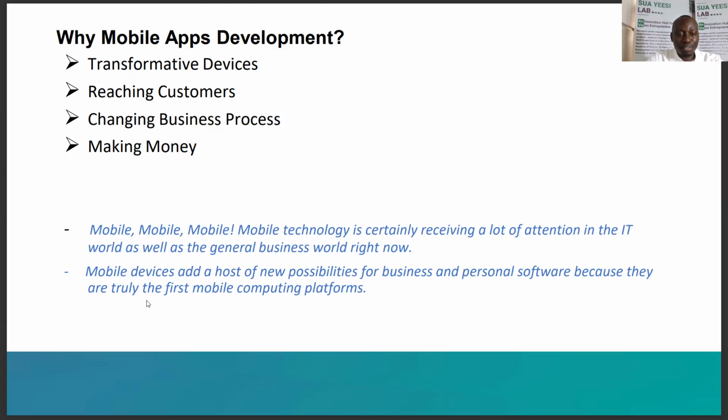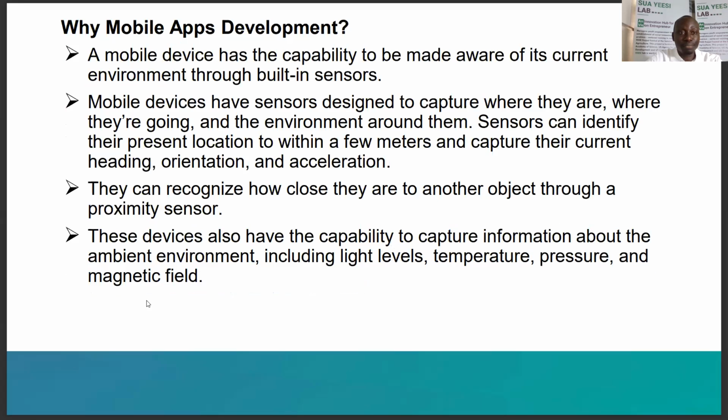Mobile devices provide new capabilities and new possibilities to our business environment in personal software, because they are fast computing platforms which can enable us to develop different applications that can help not only farmers but business environments in general.